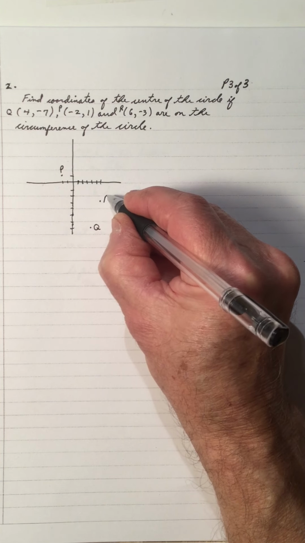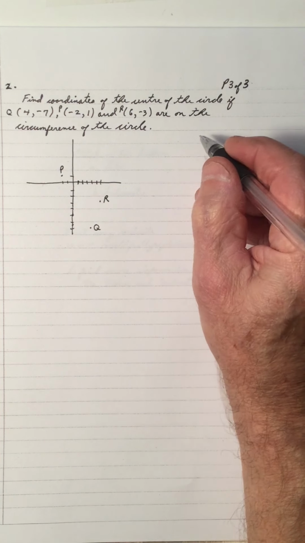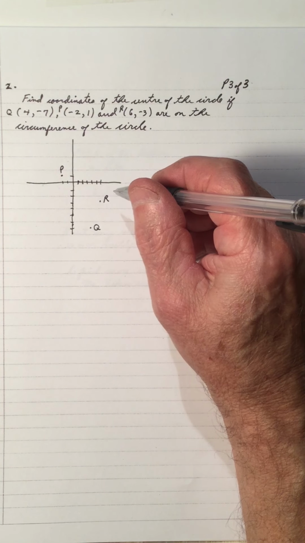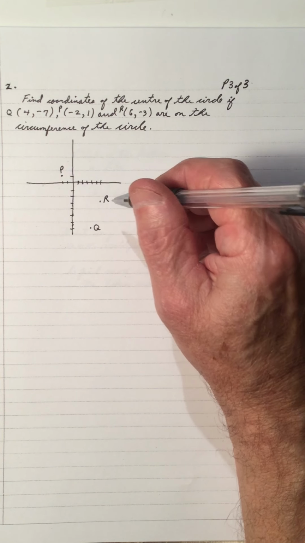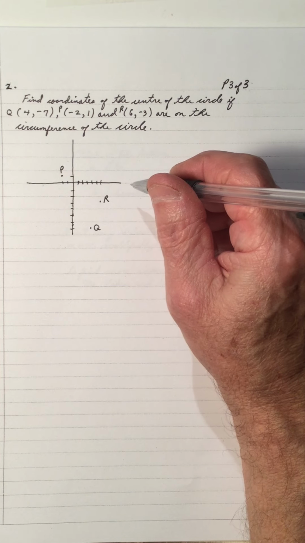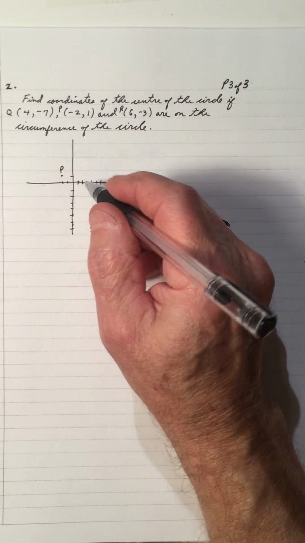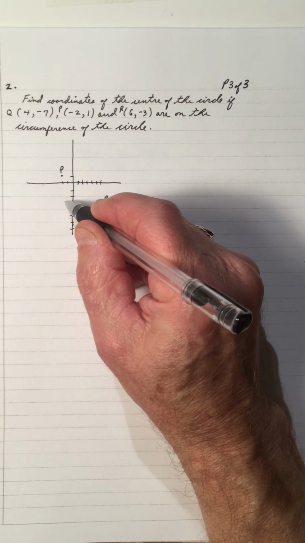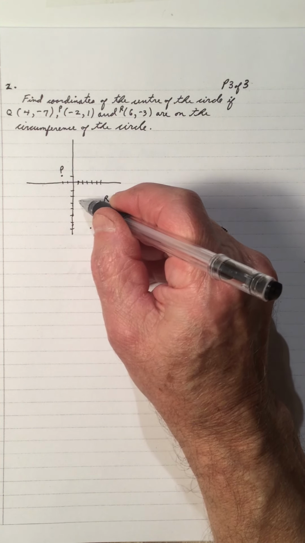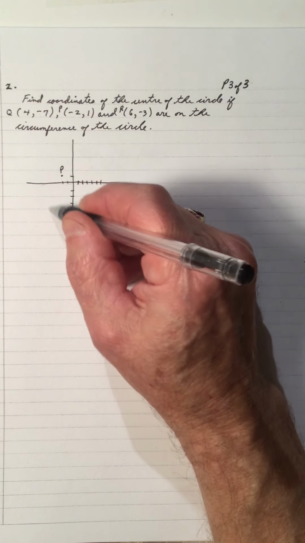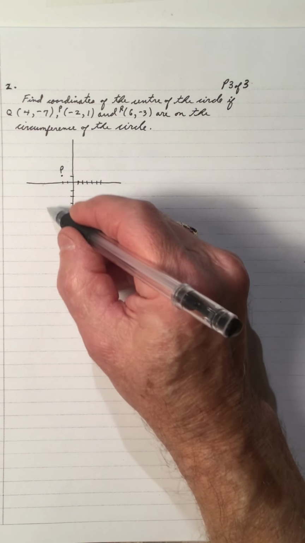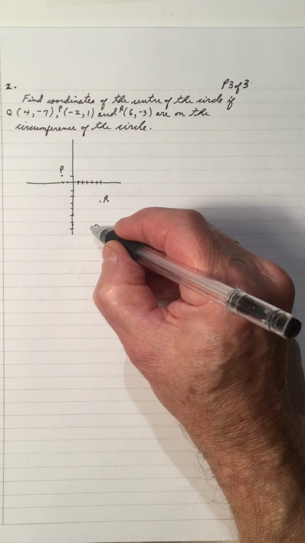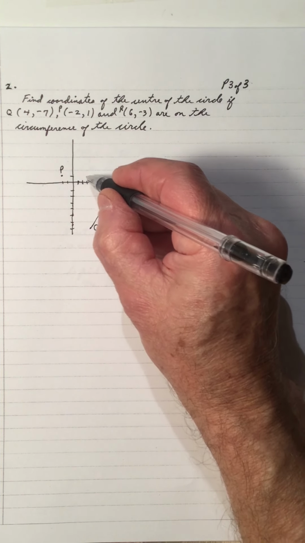These 3 points lie on the circumference of the circle. How are we going to find the center? Well, if I take a point somewhere around here, as you can see, I have to draw a circle to do this.